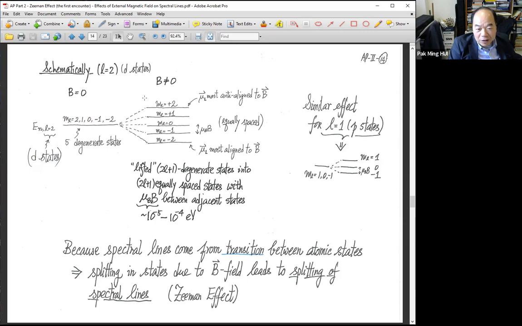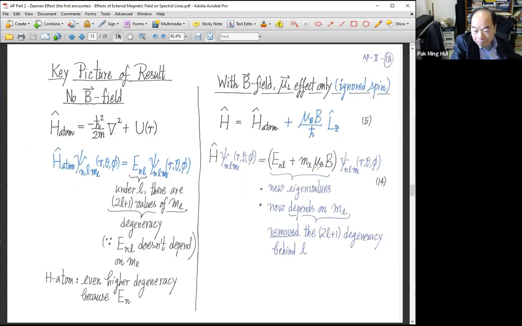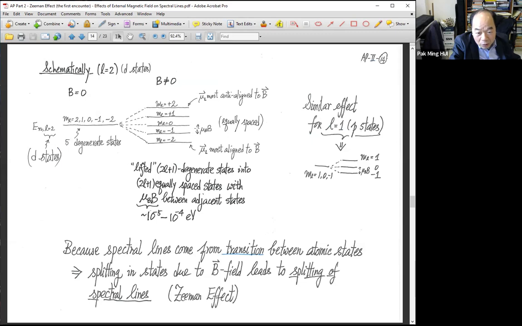With B field, they become slightly split. How big the splitting is, look at this form. m is 2, m is 1. The difference is this constant, Bohr magneton times how wealthy you are to buy a big magnet, mu_B B. As I said, this is about 10 to the minus 4 eV. So it is equally spaced, split out. The splitting is mu_B B.